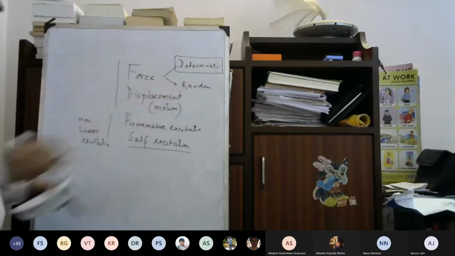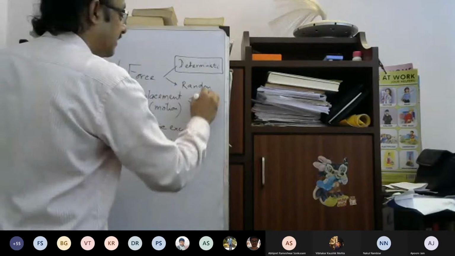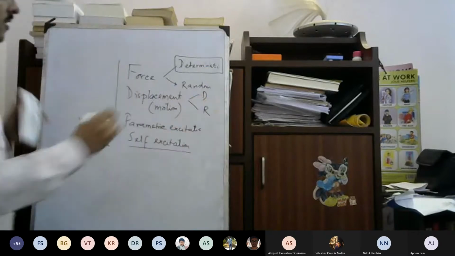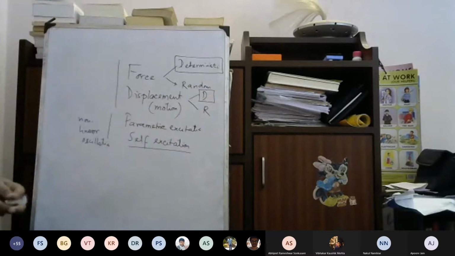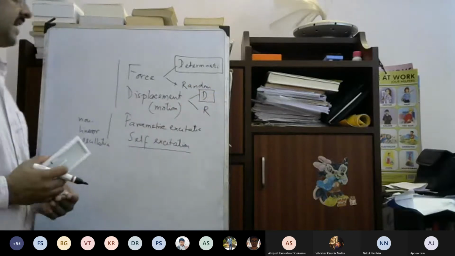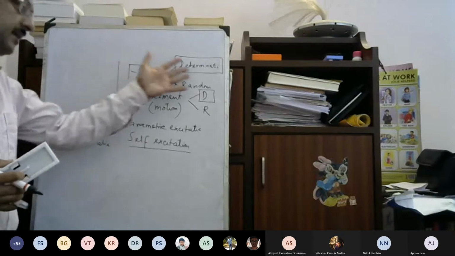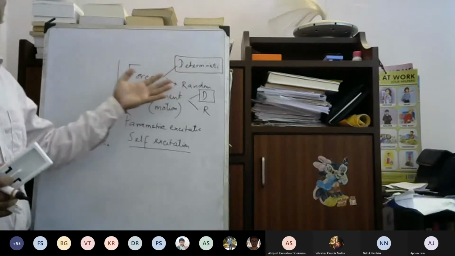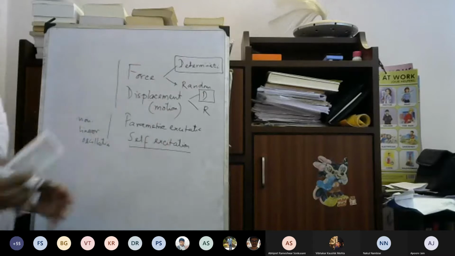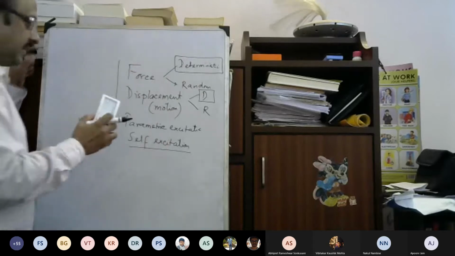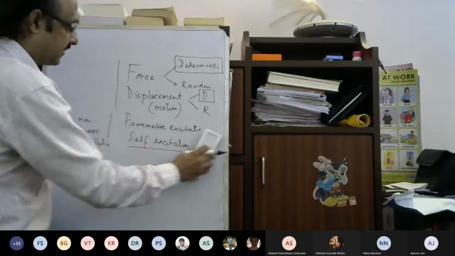Random force or random displacement can be taught only in the random vibration course. So we'll now restrict ourselves to the excitation caused by deterministic force and deterministic motion. Parametric excitation, self-excitation, we will not consider in the class. So that is, we'll chalk out our restriction.